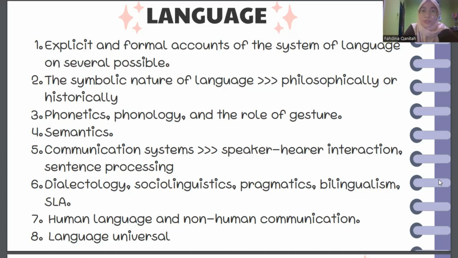We need to equip ourselves before we teach our learners, our students, in terms of second language learners. So if we have equipped ourselves with this first point, at least we have reduced the possibility of being a failure second language teacher.